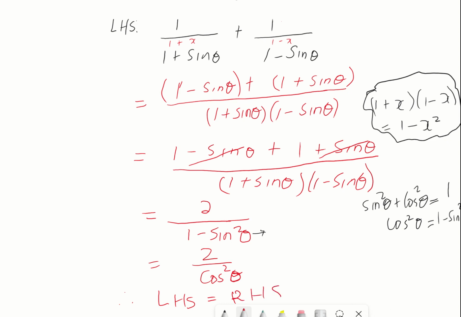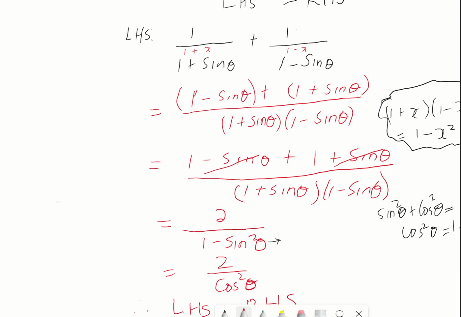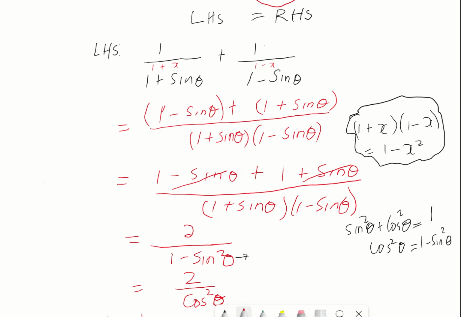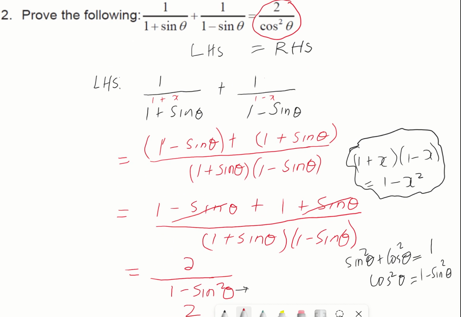The way you think about proving identities, it does not matter how complicated or how simple they may seem. What is important, always treat them as if they are algebraic expressions.